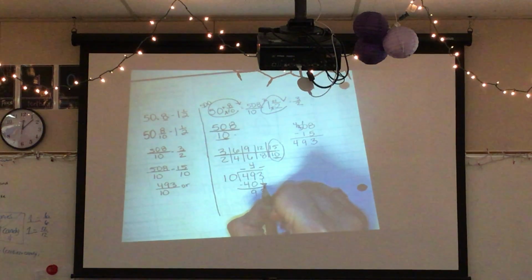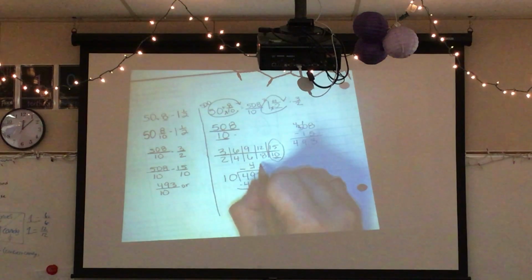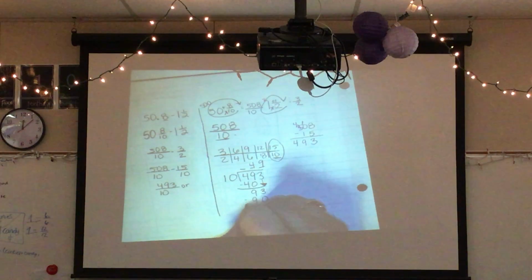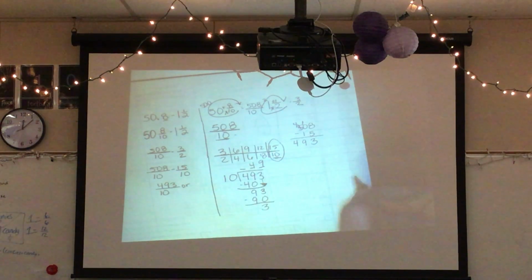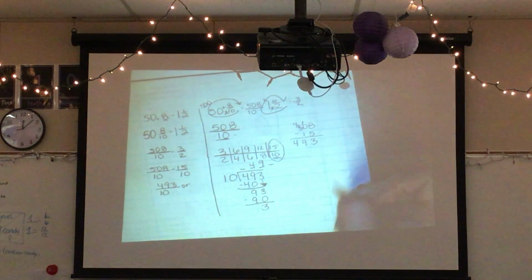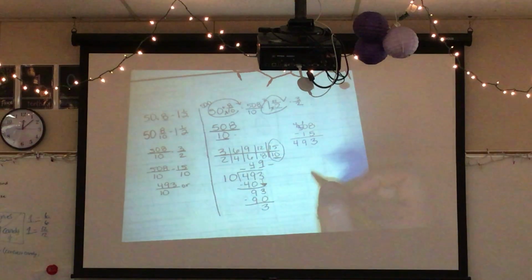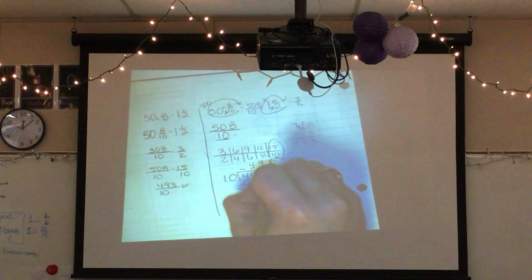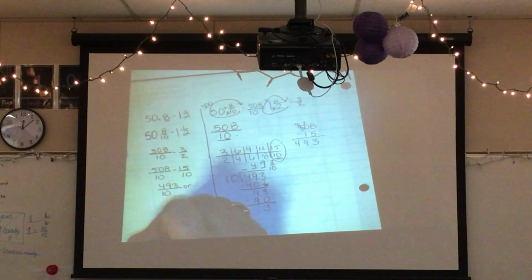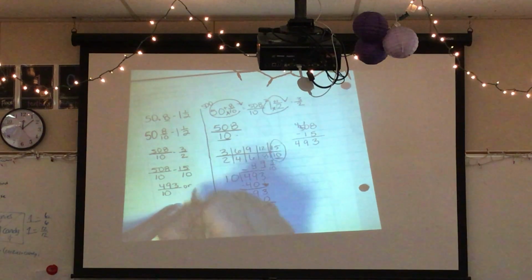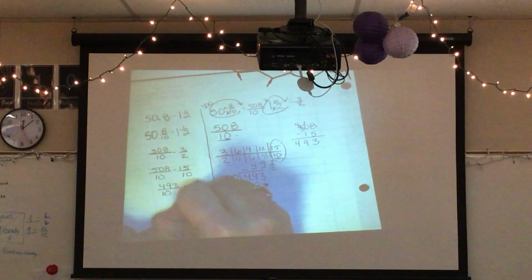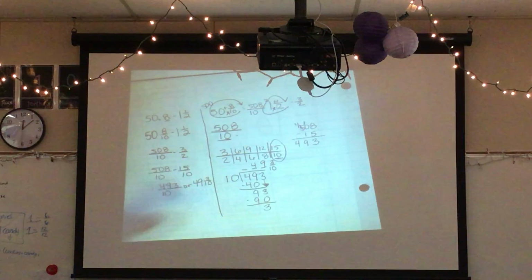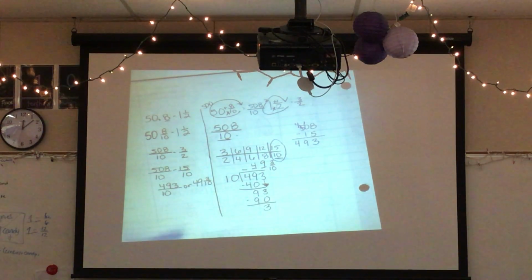How many times can 10 go into 93? 9. If I put a 9 on top, what goes on the bottom? 90. I have nothing else to bring down, but I have a remainder. That remainder becomes my numerator, and my denominator is 10. So 493 tenths is also equal to 49 and 3 tenths. Very good.